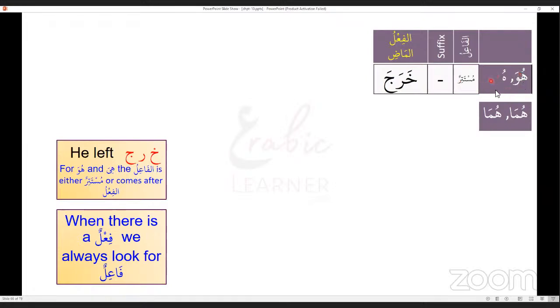So for each dhamir, there is a change in the way you write the fi'l, which indicates the fa'il. So the fa'il is reflected in the spelling of the fi'l itself. You can say that, okay? Now this doesn't mean that the dhamir is getting attached to that.